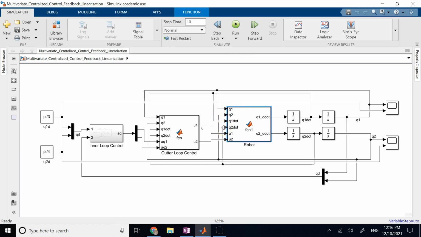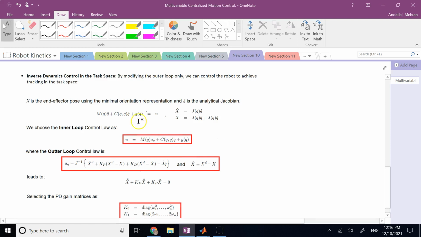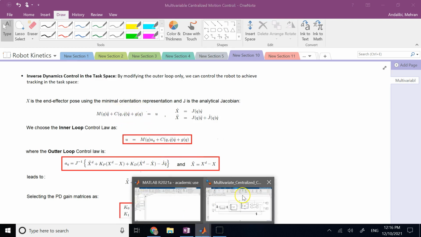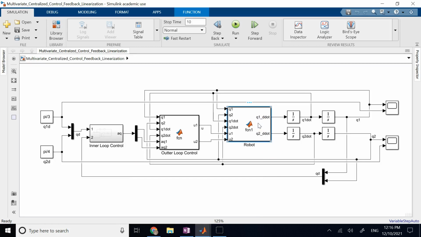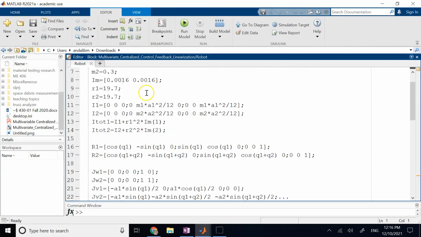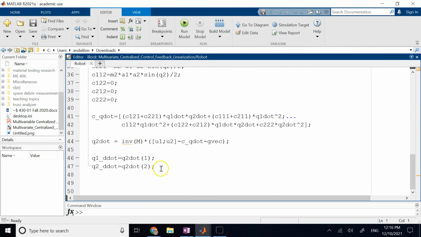And you might say, why? In order to generate the Coriolis centripetal terms and the gravity terms. So you need those. And this is the function in it that will generate for you the Q double dot terms.